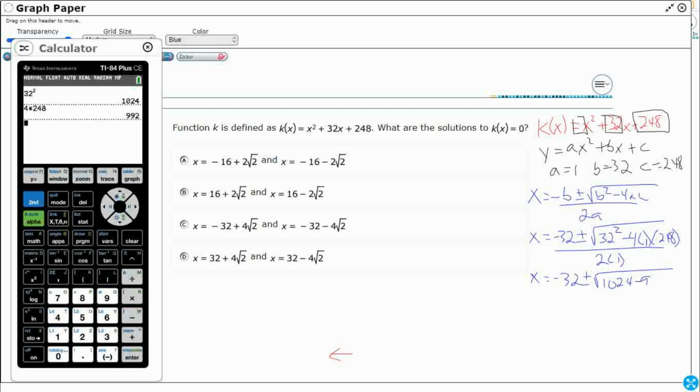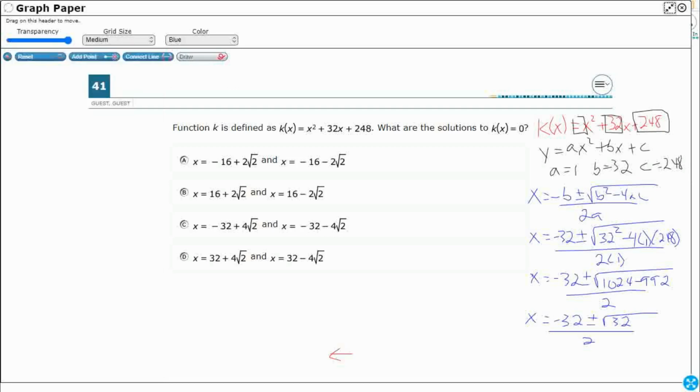That's going to be very small. 992 over 2. So let's see what that's going to be. I'm going to make that a negative and then add that to 1024, 32. Okay, so x equals negative 32 plus or minus the square root of 32, over 2. All right, so that's what we have right there.